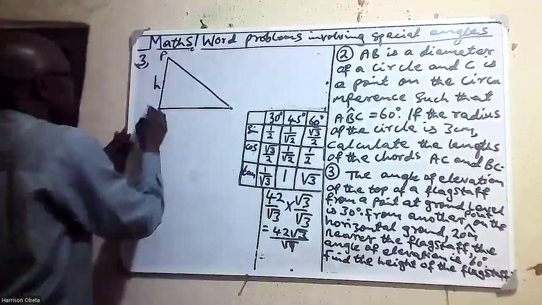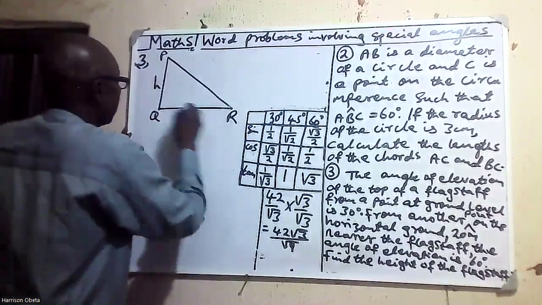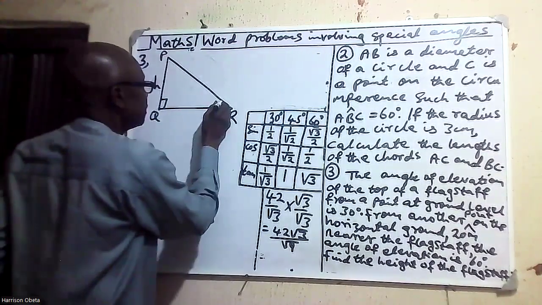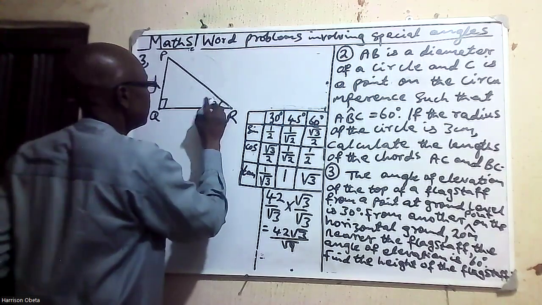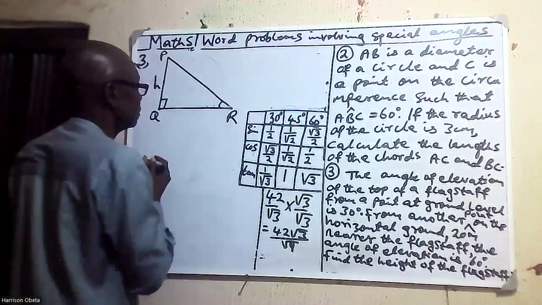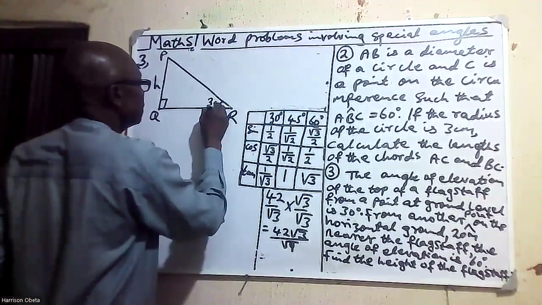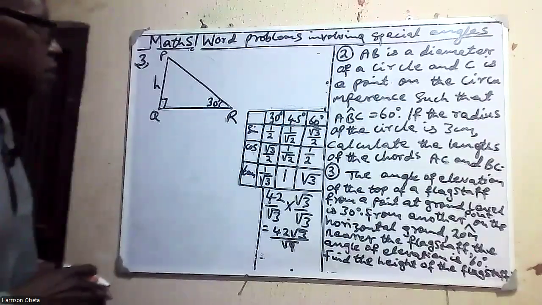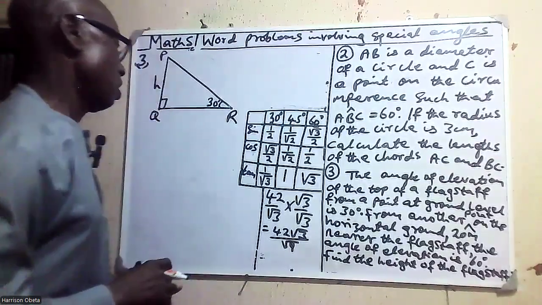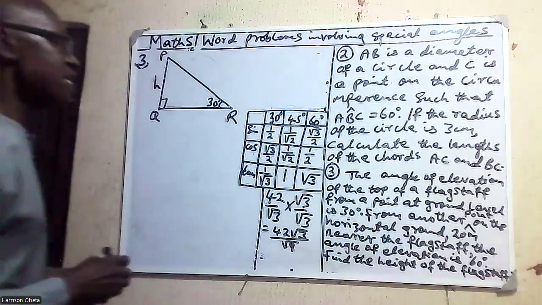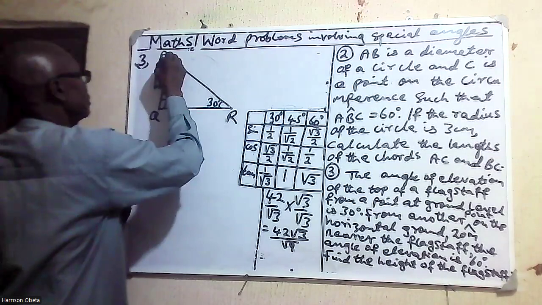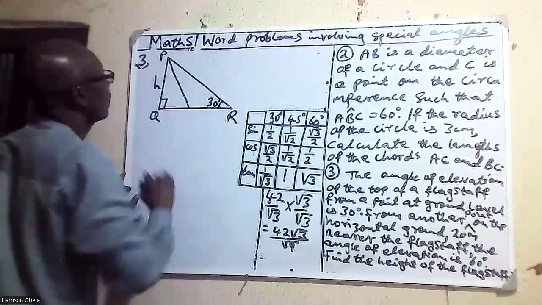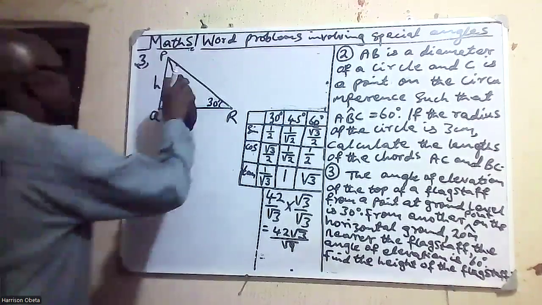Okay, let's take this to be P, Q, R, and then this is our angle 90. Now, we have 30 degrees here. Then we were told that from another point on the horizontal ground, 20 meters nearer the flagstaff. So that means we have to draw another line here. Let me make it better.